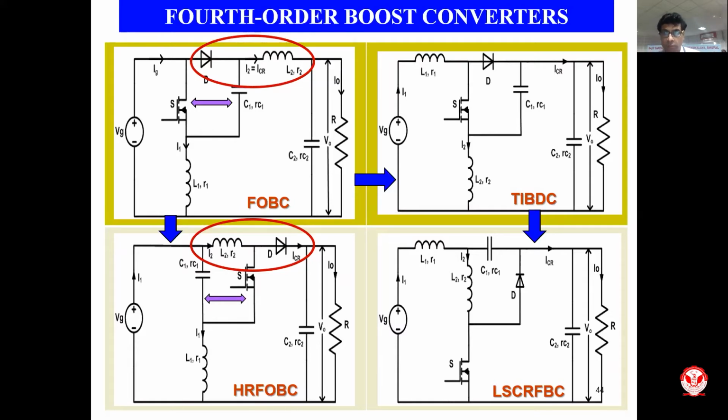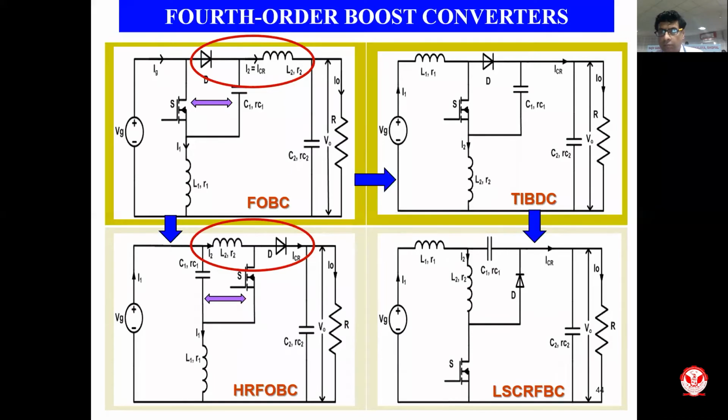The HRFOBC, the fourth converter that I talked about, although it's a fourth order converter obtained by interchanging the positions of the same components and the switches, later we will see that it does not offer improved steady state performance; rather it deteriorates the performance.